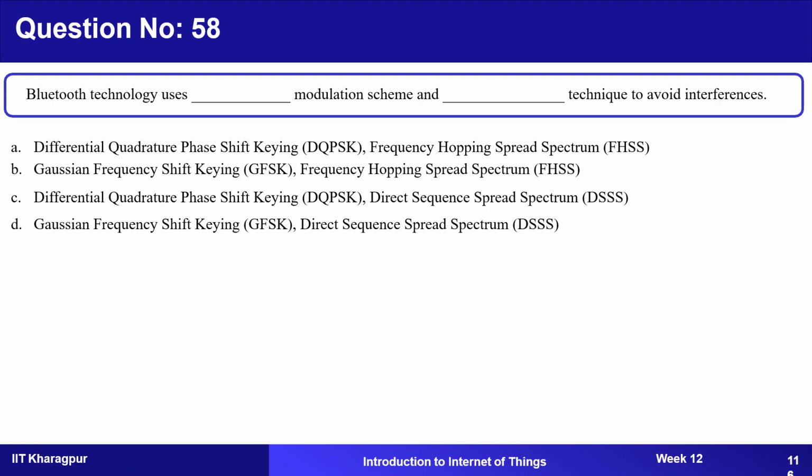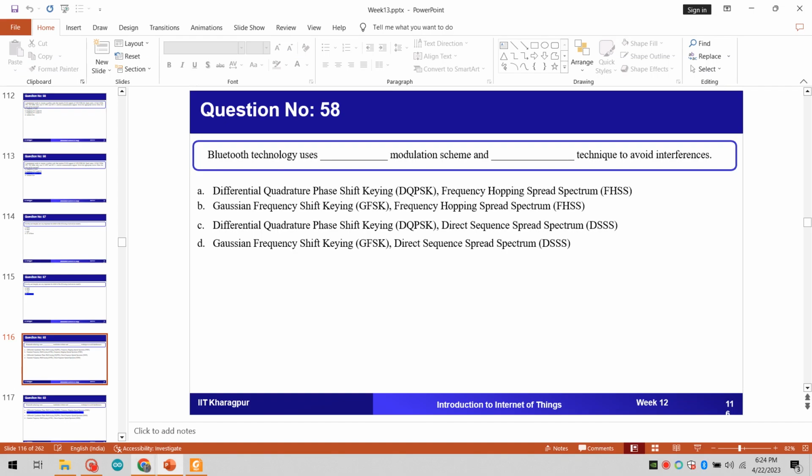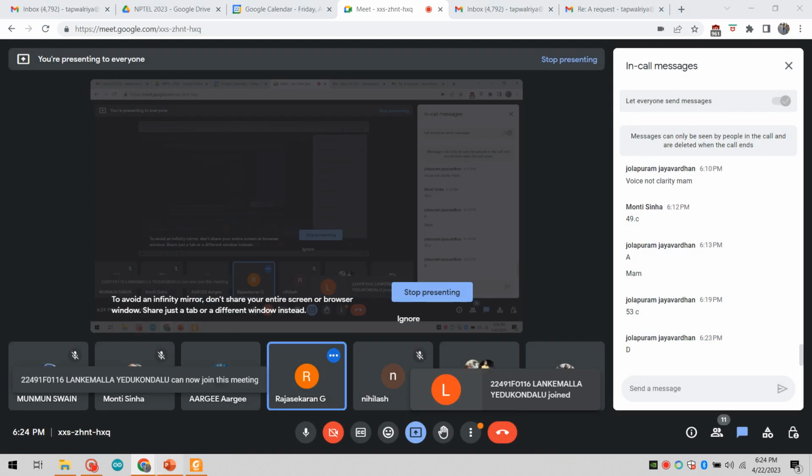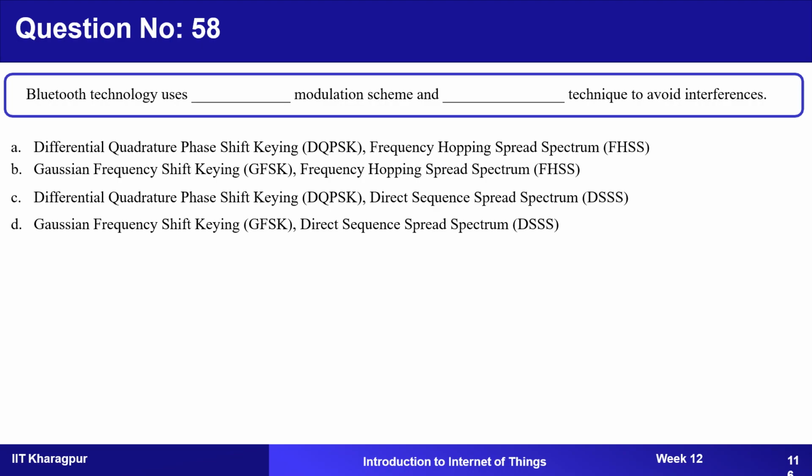Next question is, Bluetooth technology uses blank modulation scheme and blank technique to avoid interference.